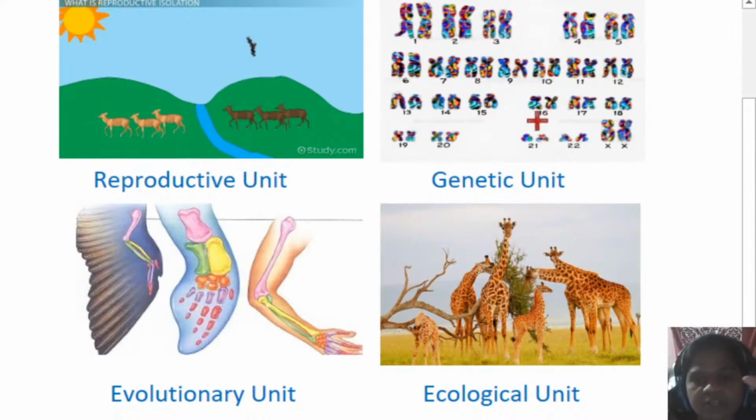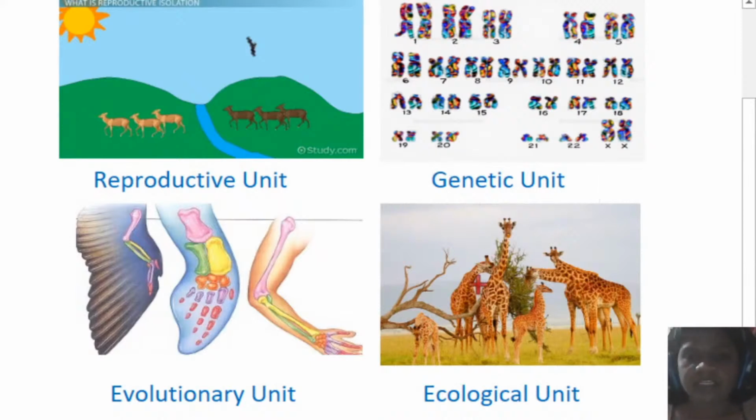So it is called a genetic unit. And the third is the evolutionary unit. It means we have the same morphology and structurally we are the same, like the whale and the bat. And the ecological unit is they all occupy the same ecological niche and they do the same things. This is just the giraffes. So they all eat the same thing, do the same things.